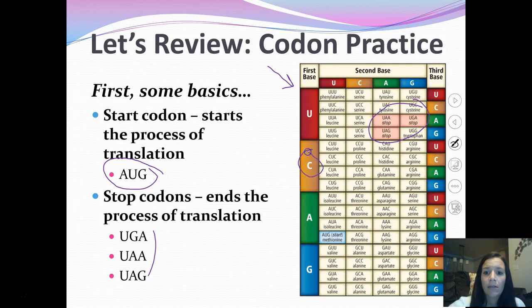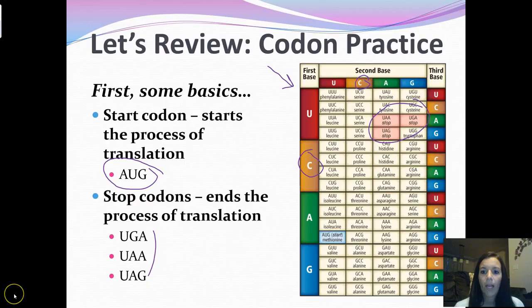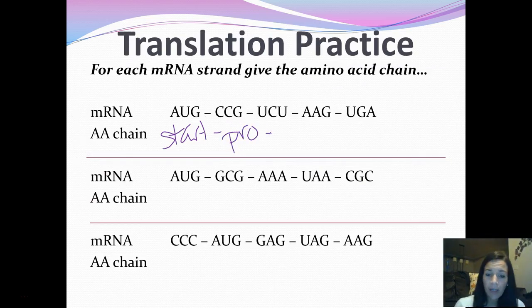So C and C, you find out where they pair. You can see that they're in this area, and then our third letter is G, so CCG is proline. So then we would write PRO. All right, go ahead and pause the video and then try to solve the rest of these on your own.